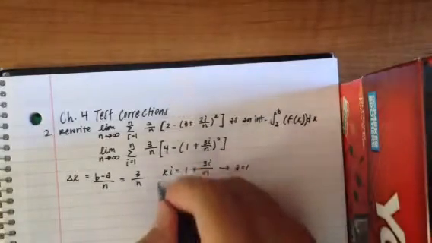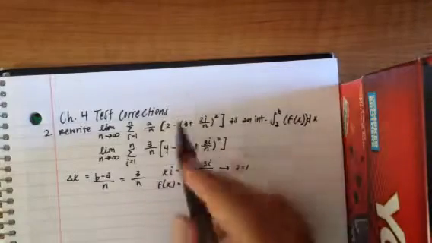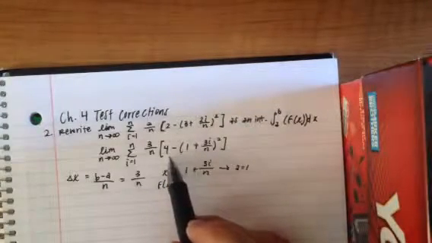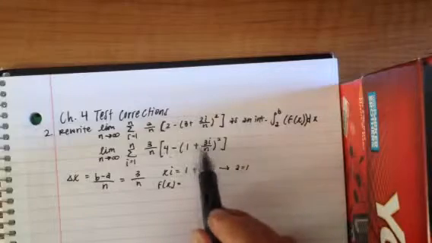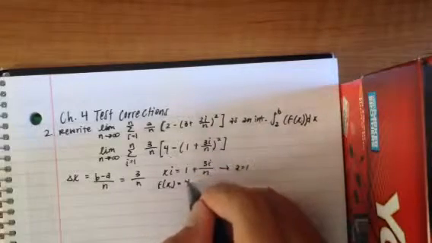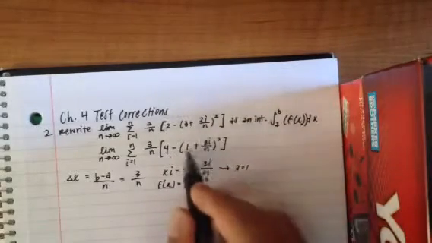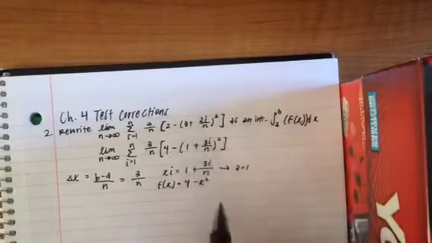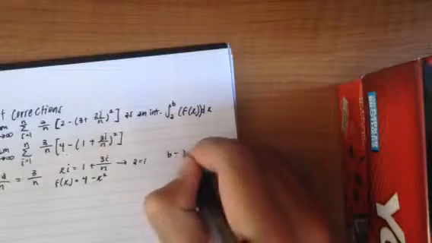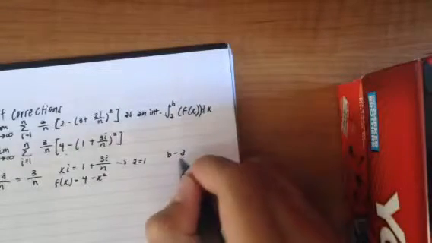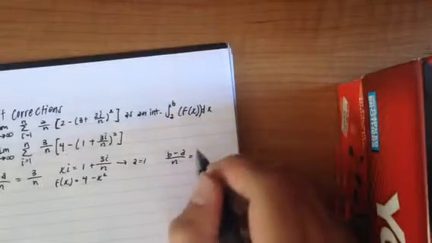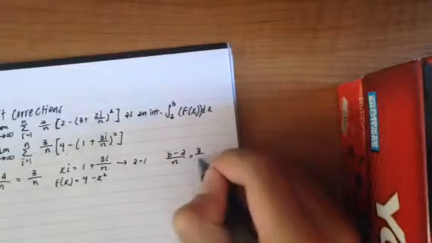Now, that means that our f of x is the 4 minus x squared. This is x. All of that is x. So now, b minus a over n equals 3 over n.